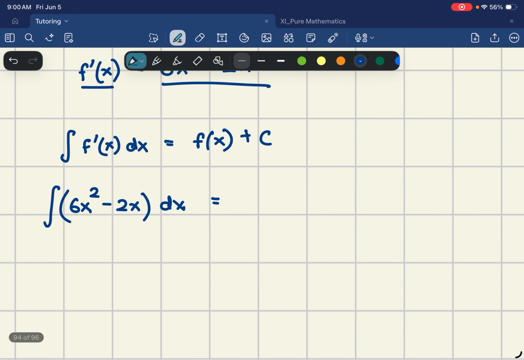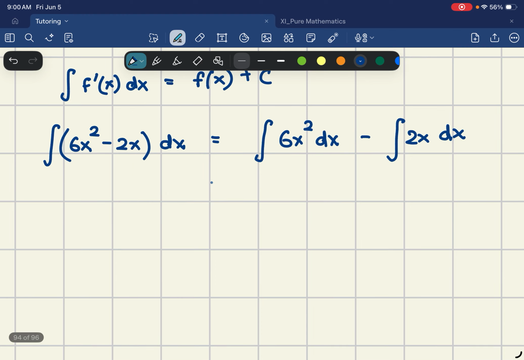Now remember the rules of integration. I can write it as the integral of 6x squared dx, and then I copy my middle sign, so minus the integral of 2x dx. I can factor out all the constants, so I can integrate just x squared dx minus x dx.